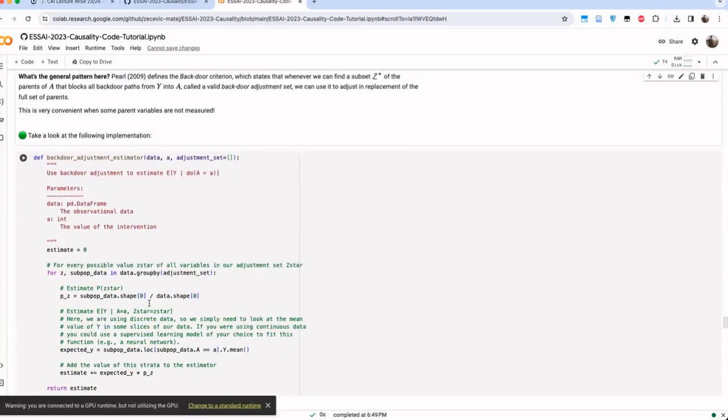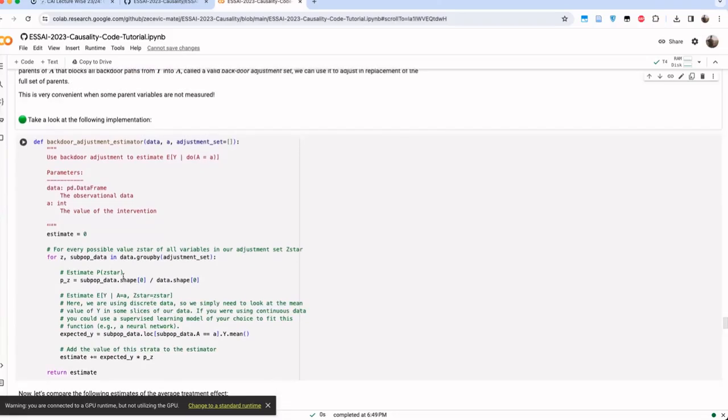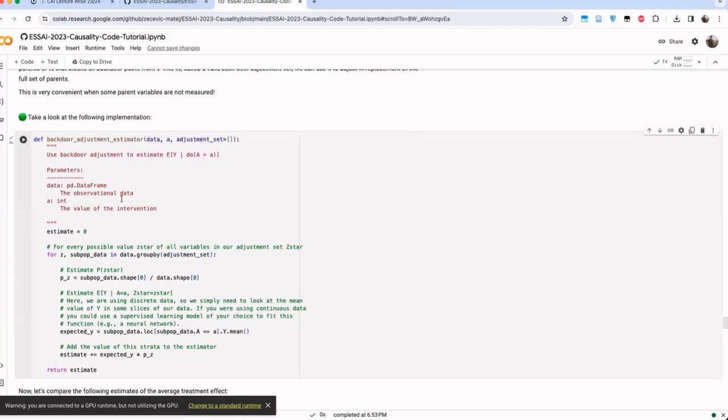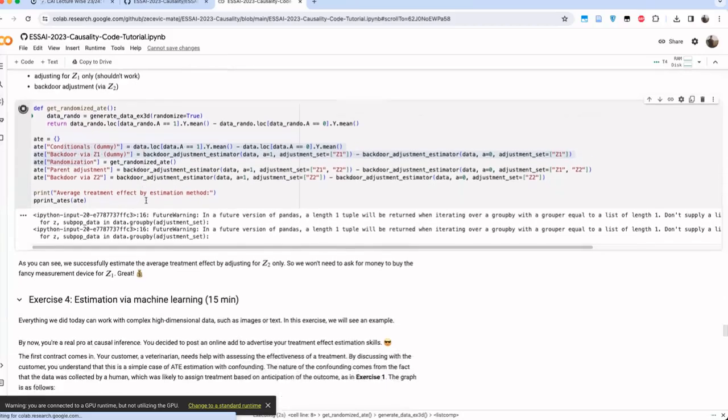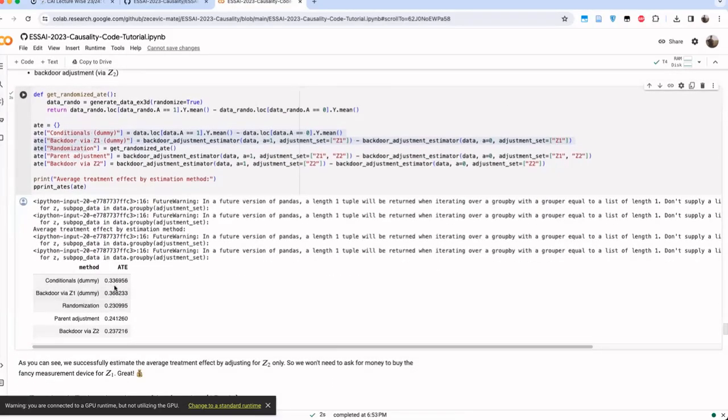So if we implement this thing here now, we're going to have a very, very similar setup as before. Yeah, so just going to run this. And now we are just going to evaluate with all these different approaches, the conditional, the backdoor, and so on and so forth, to have the great comparison, right, for this other data. And so what do we see now? Obviously, these are different values because it's a little bit different data set.